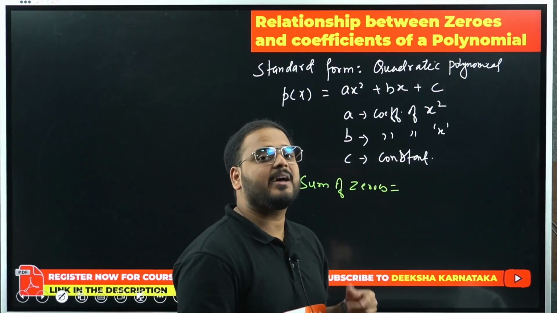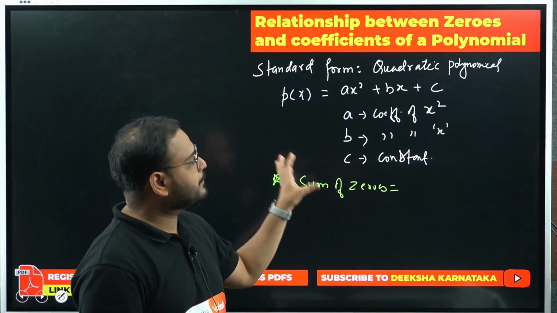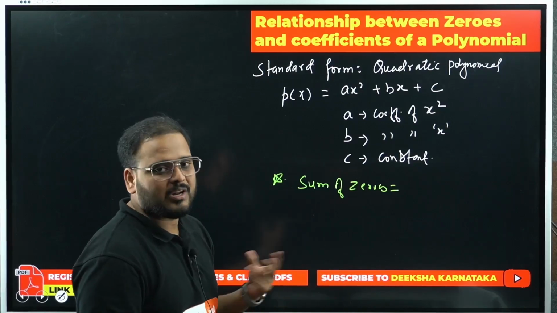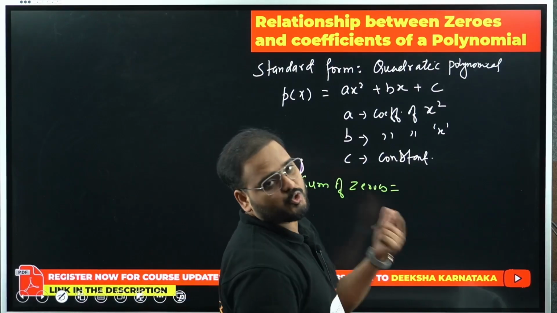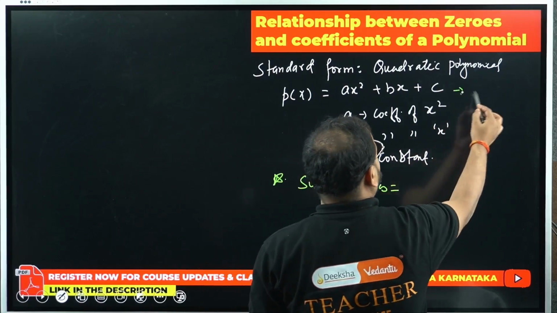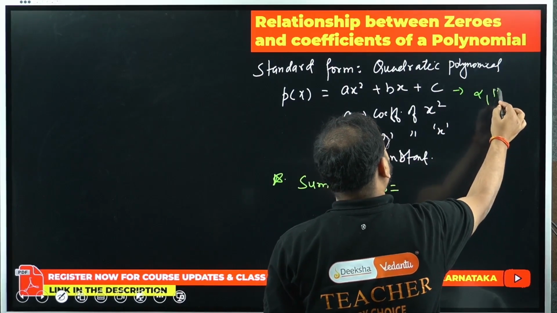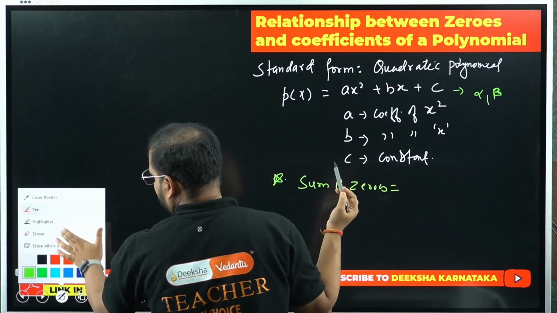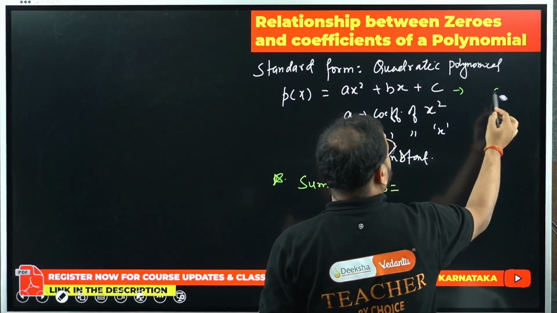Means if you put x as those 2 values, the polynomial px will become equal to 0. So let's call these 2 zeros alpha and beta, as written over here, I'll write a little bigger.